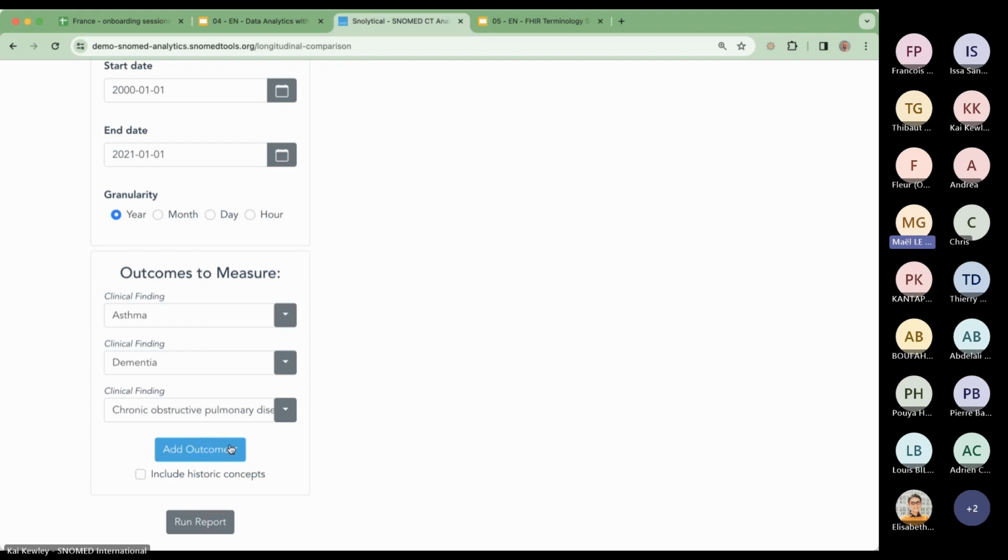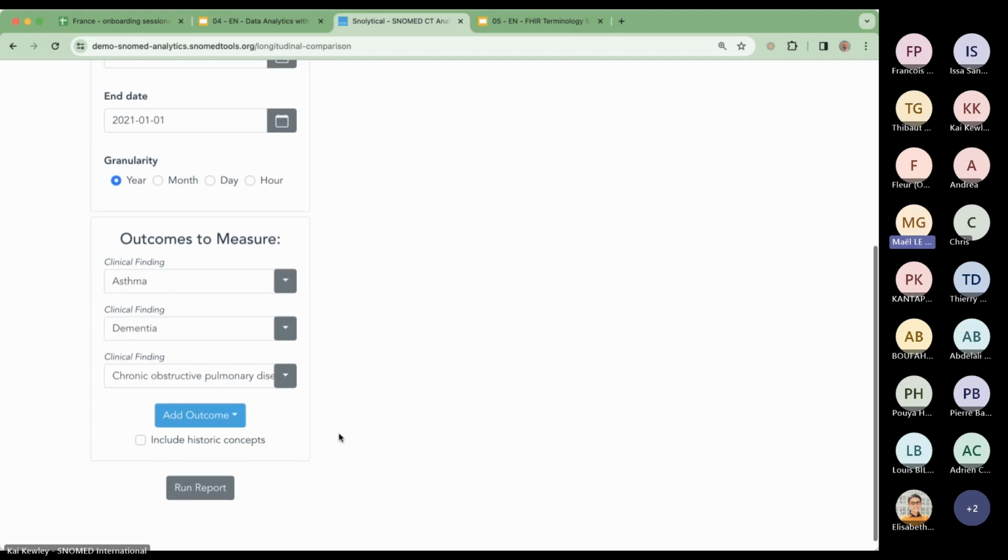As we build up these findings, because it's a demonstration tool, we've got a tooltip here on the right-hand side that shows the ECL which will be used. The double less-than symbol shows that asthma and its descendants will be selected for this report.